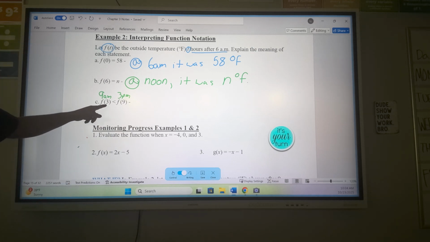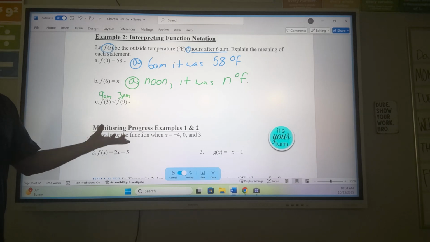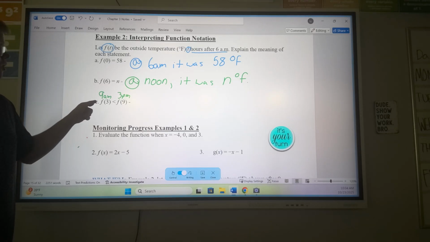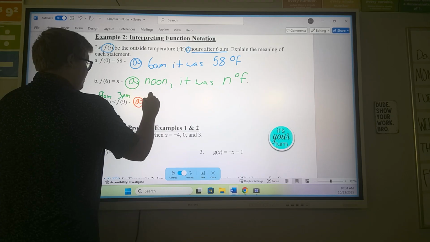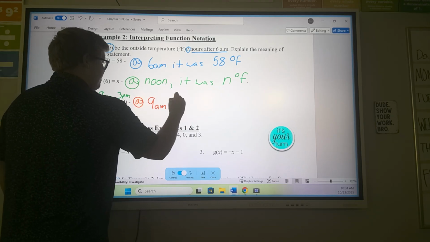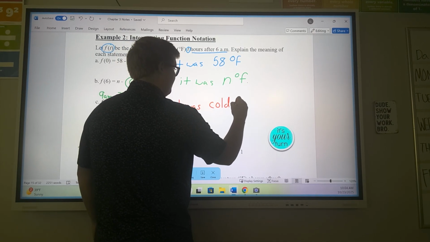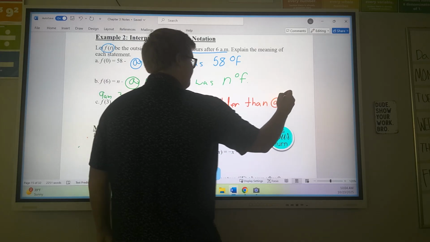So at 9 a.m., it looks like it was less than 3 p.m. So less in the form of temperature is colder, right? So this is telling us at 9 a.m. it was colder than it was at 3 p.m. So that's what we write. At 9 a.m. it was colder than at 3 p.m.